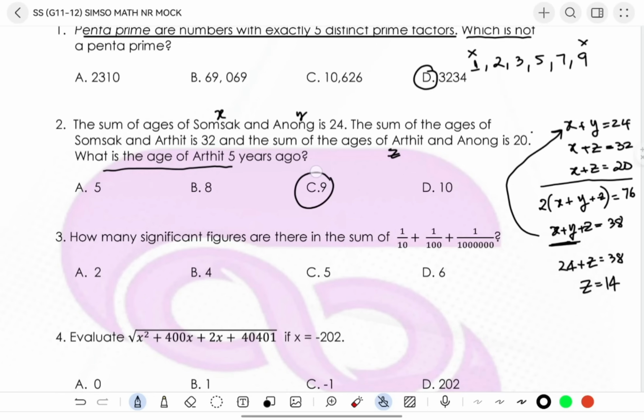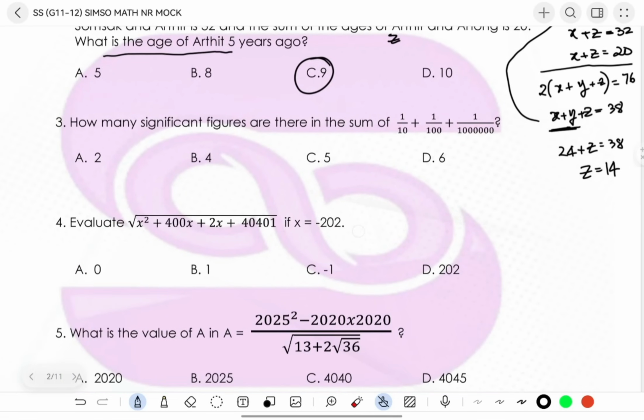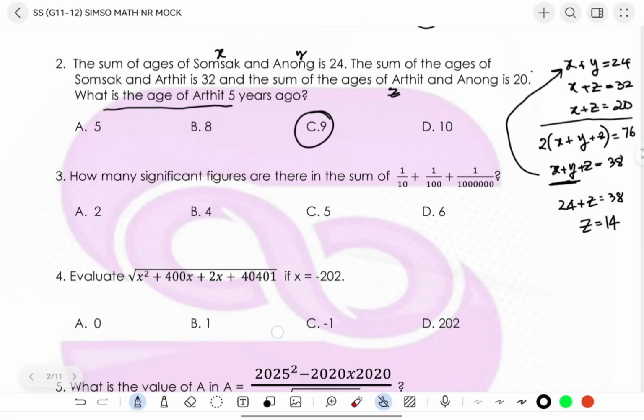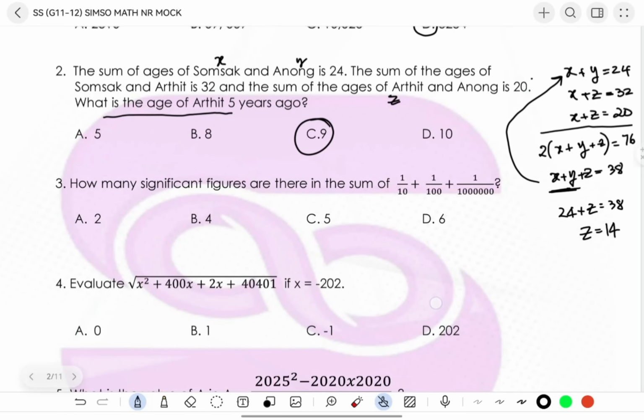Okay, how many significant figures are there in the sum of 1 over 10 plus 1 over 100 plus 1 over 1 million? I think this is fine.